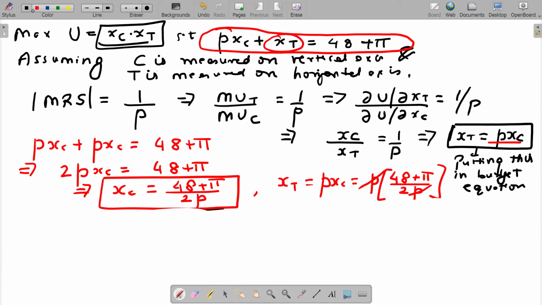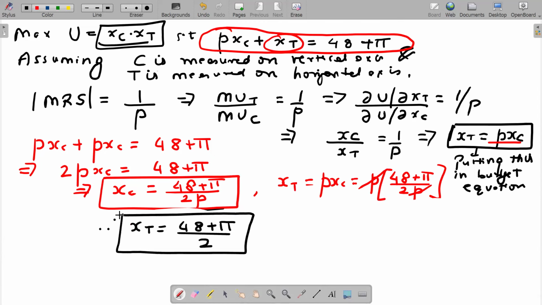I get my answer as, therefore, XT is going to be 48 plus pi over 2. So this is my answer for XT and this is my answer for XC. So we have found the profit maximizing, let me correct myself, we have found the utility maximizing values of coconut and time. Okay. So this is my answer for part A.